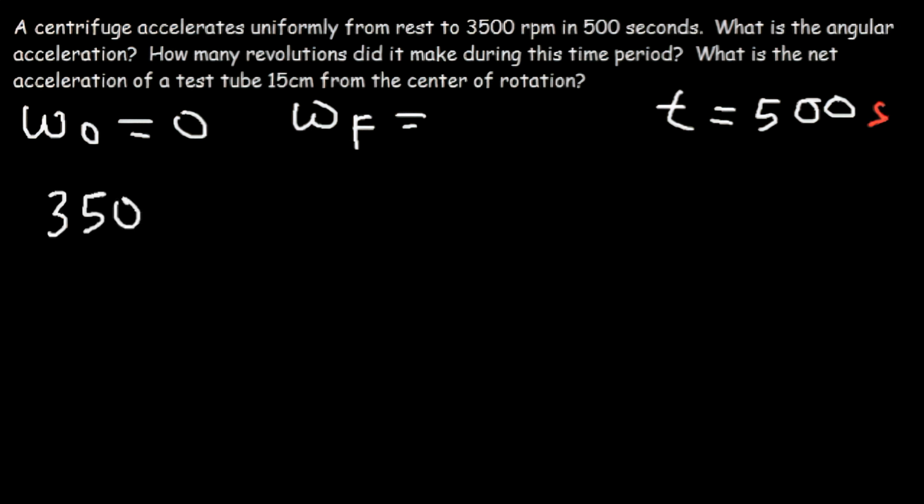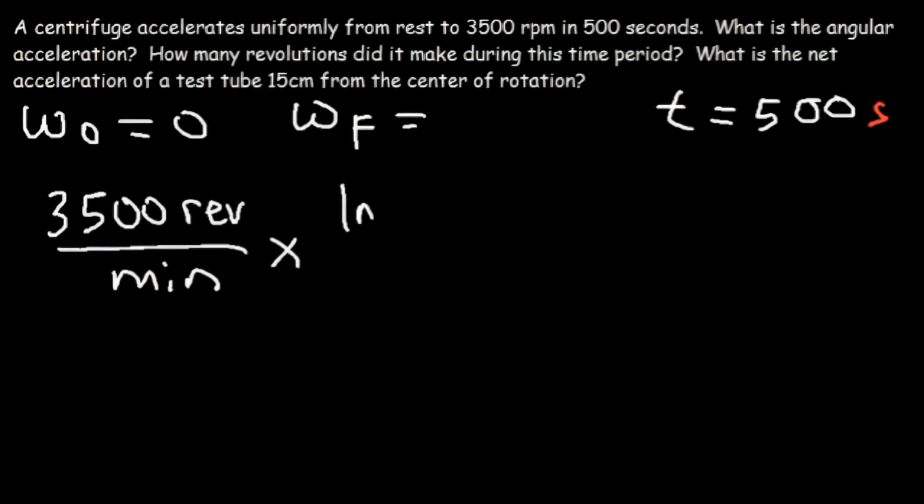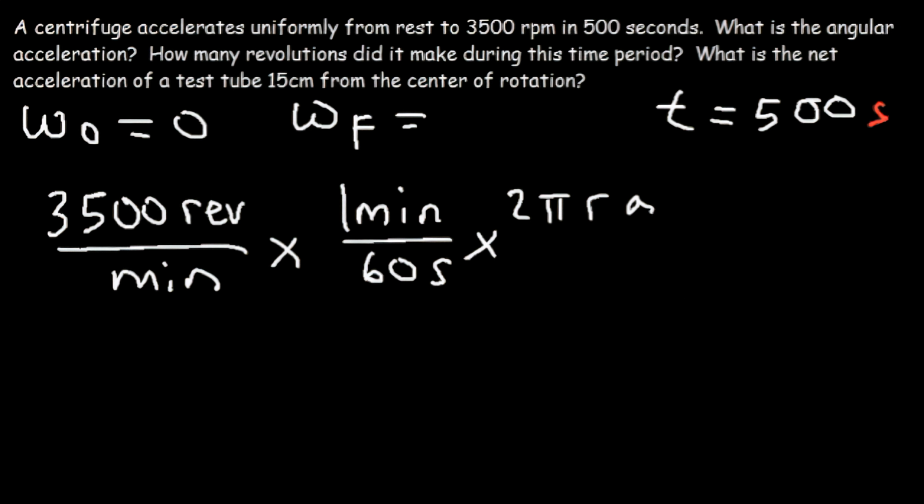So 3,500 revolutions per minute, and in 1 minute there's 60 seconds, and there's 2 pi radians per revolution. So the unit minutes cancel and revolutions cancel.